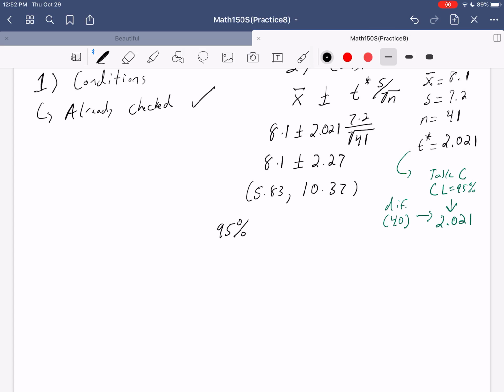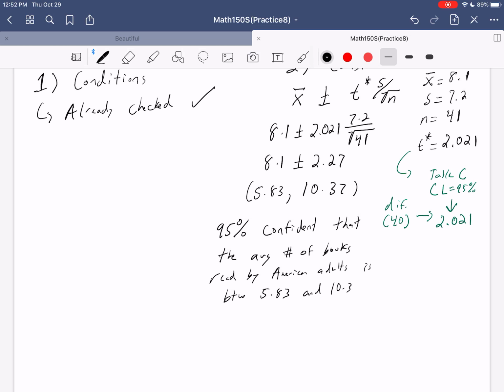So our interpretation starts with 95% confident that the average, because that's what we're estimating here, number of books read by American adults is between 5.83 and 10.37 per year.